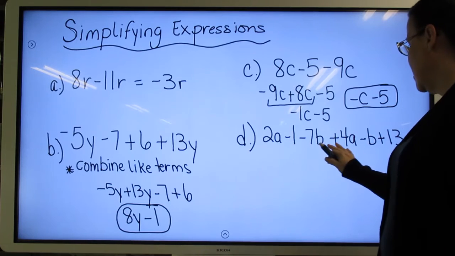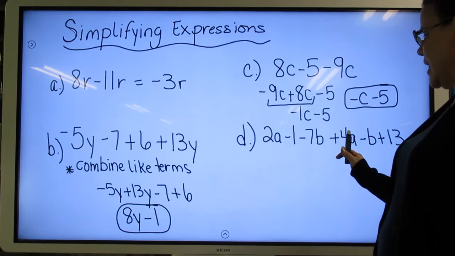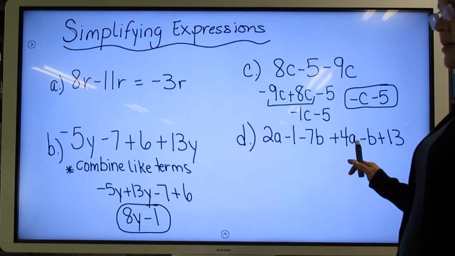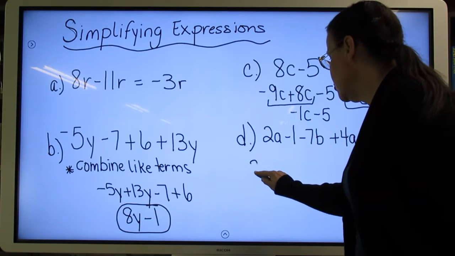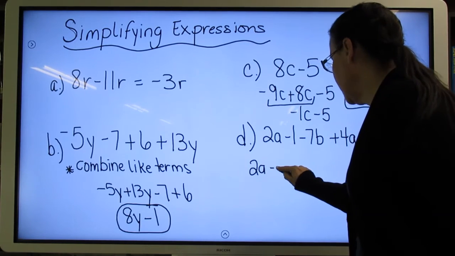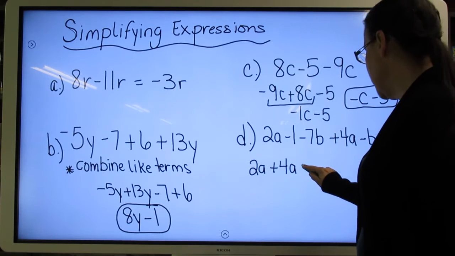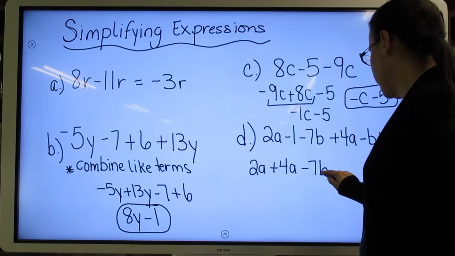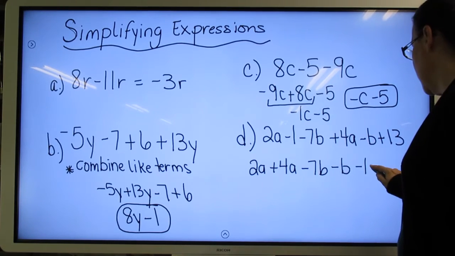Then I put a couple things here for you to look at and understand what you're combining. You're combining like terms. So you have 2a plus 4a minus 7b minus b, and then you have negative 1 plus 13.